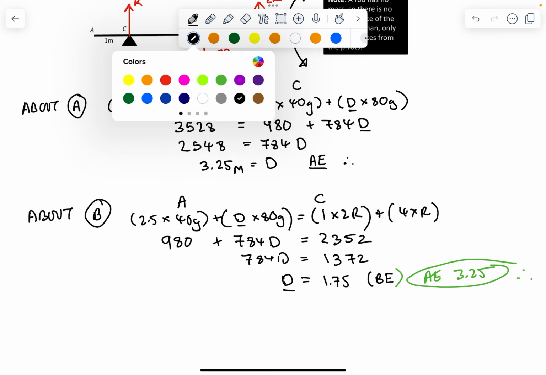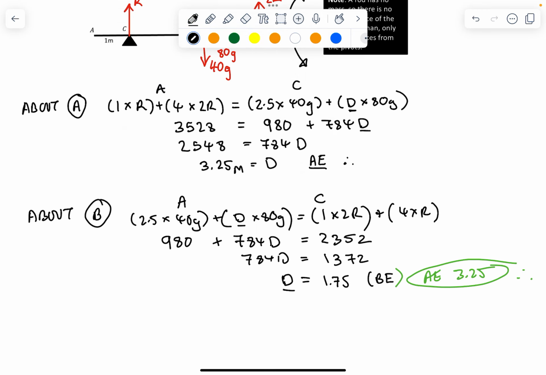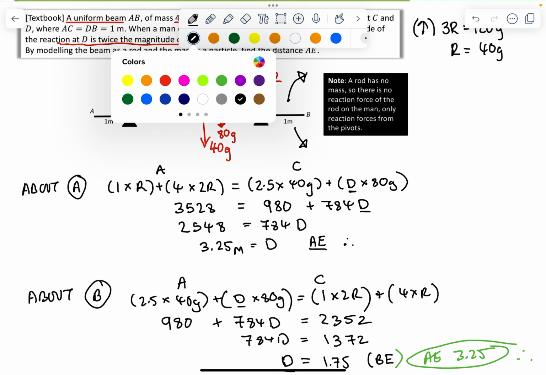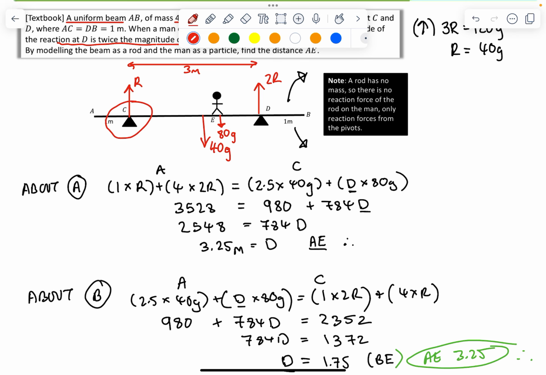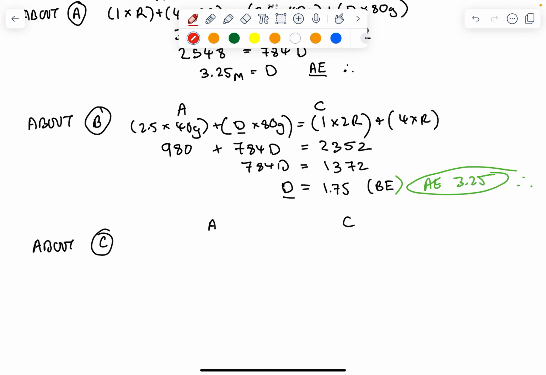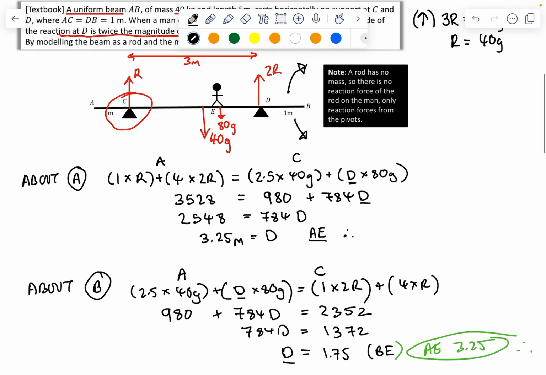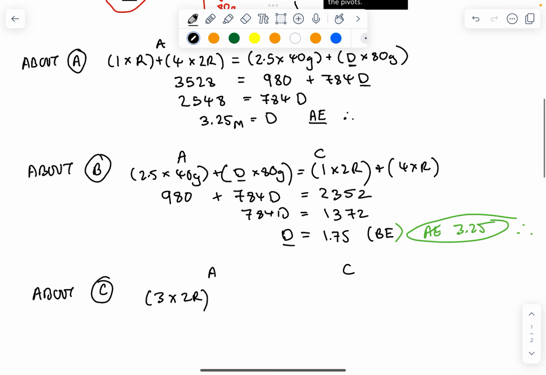Okay, well, if we pick one of the pivots, let's do it about C. Again, A and C. So now I'm working about point C. Right, so now in the anti-clockwise direction, 3 times 2R, because the distance from C to D is 3 meters.